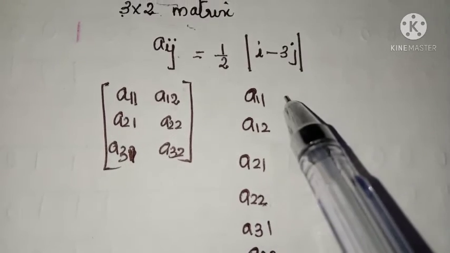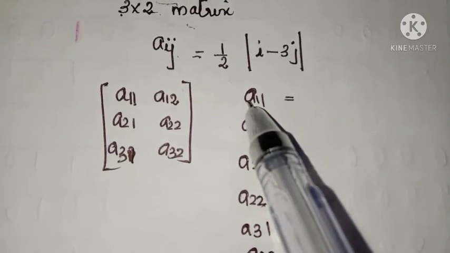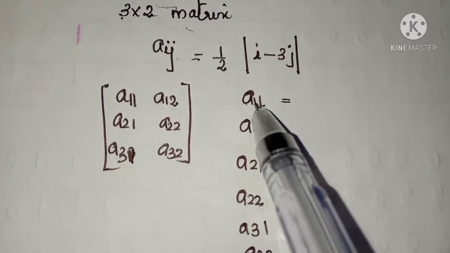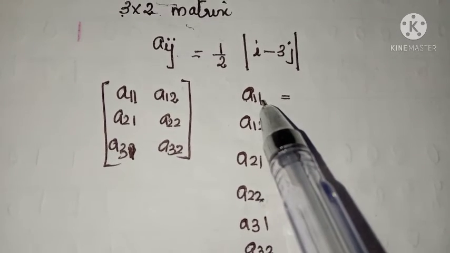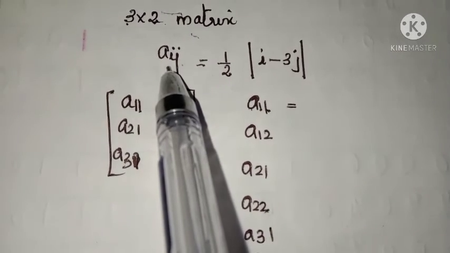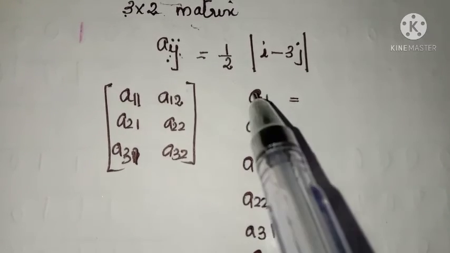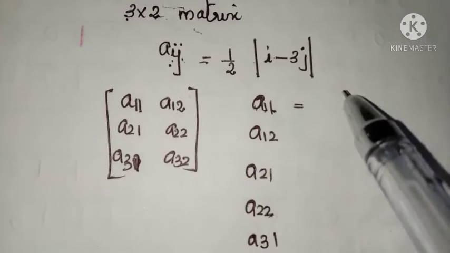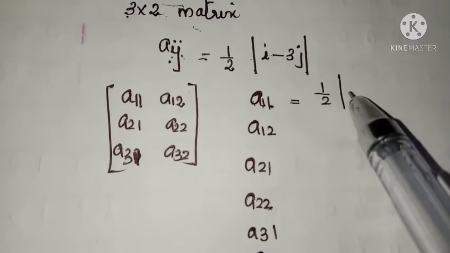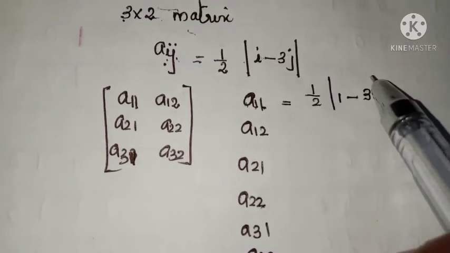Now, to get A11, replace I equal to 1, J equal to 1 in this general form. It's a simple one.